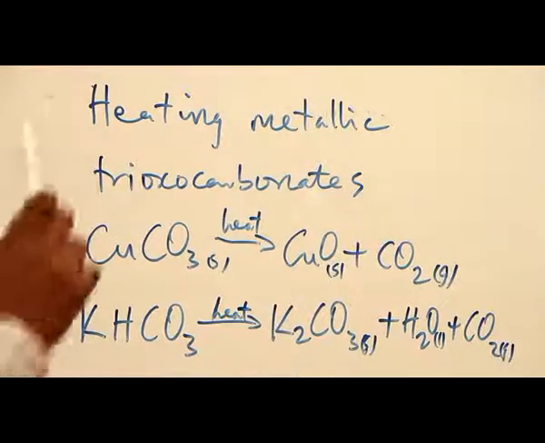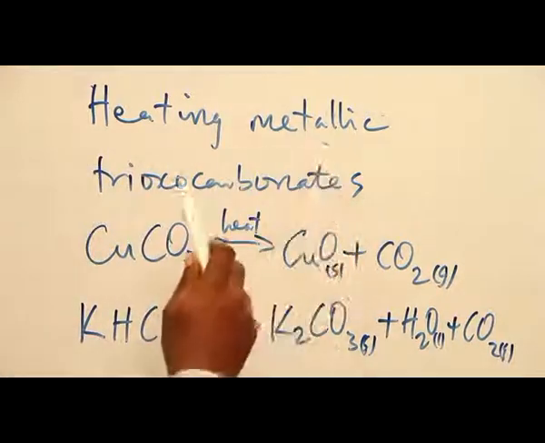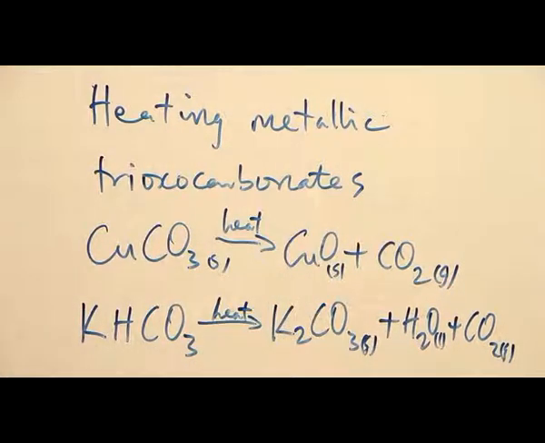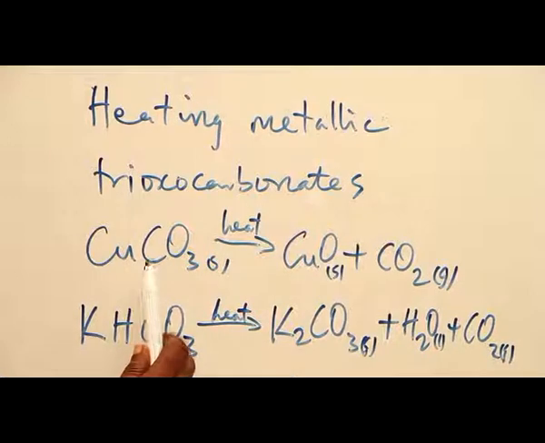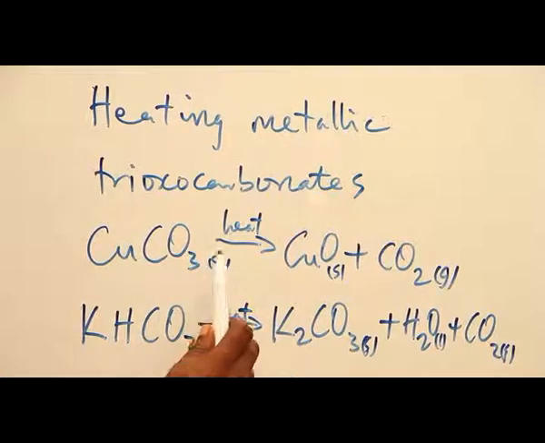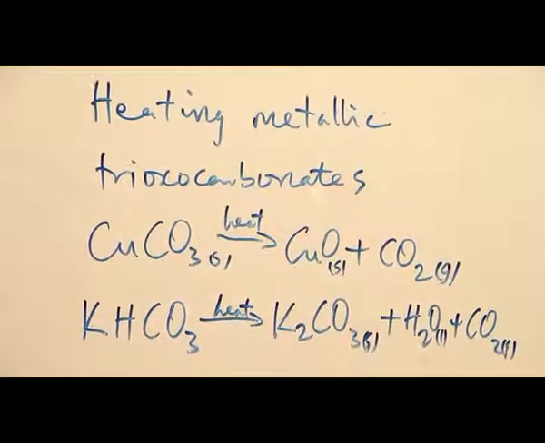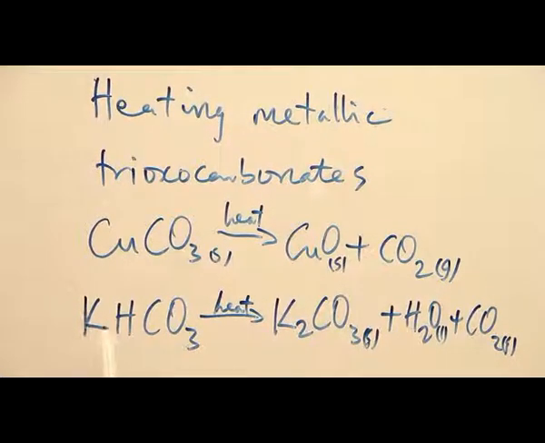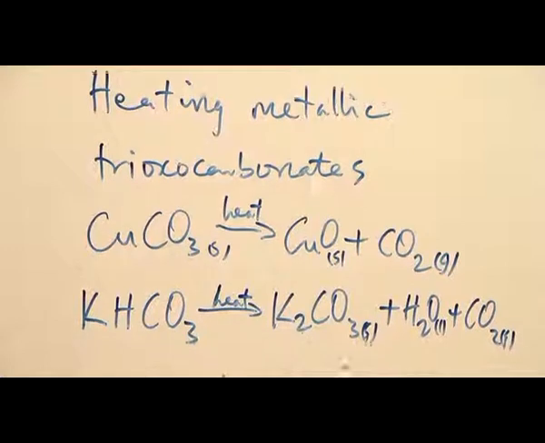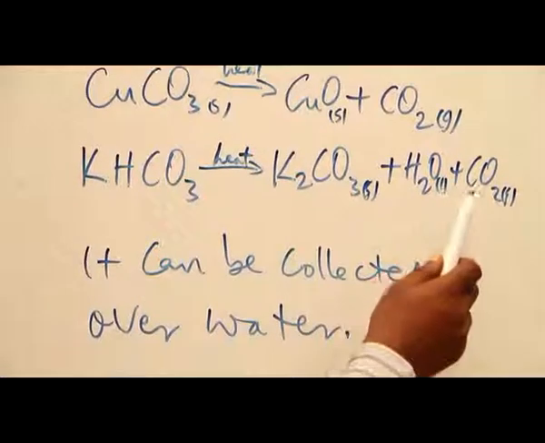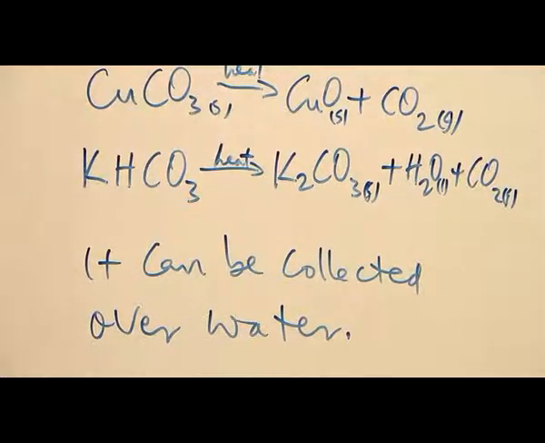It can also be prepared by heating metallic trioxocarbonates. Copper trioxocarbonate(IV) undergoes heat to give copper oxide plus carbon dioxide. Potassium hydrogen trioxocarbonate(IV) plus heat gives potassium trioxocarbonate(IV) plus water plus carbon(IV) oxide.